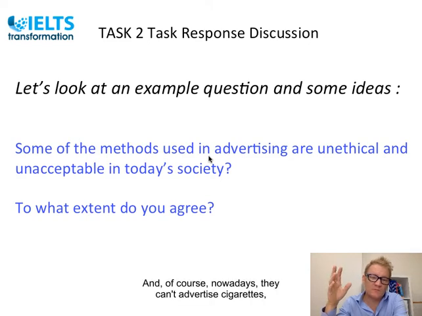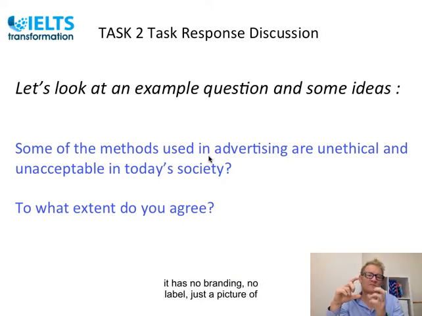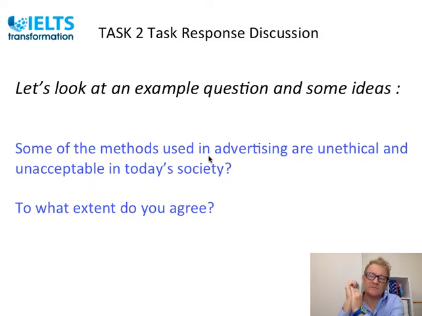And of course, nowadays they can't advertise cigarettes, for example, or tobacco products. So in Australia, if you buy a packet of cigarettes, it has no branding, no label, just a picture of someone dying of cancer or something terrible.